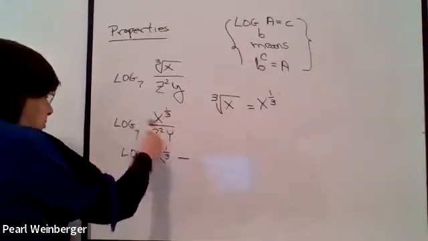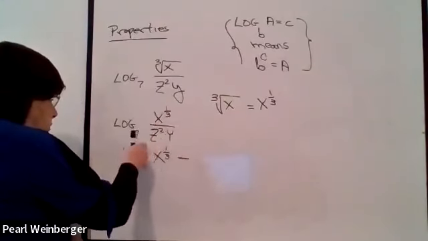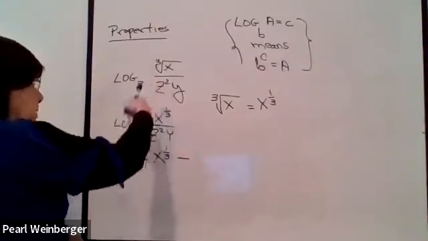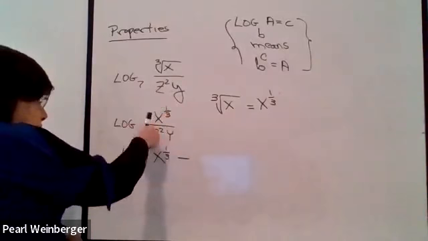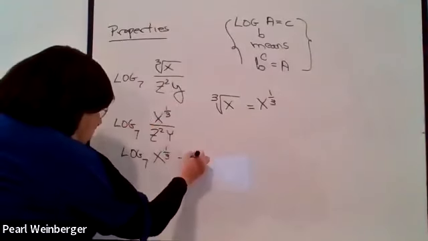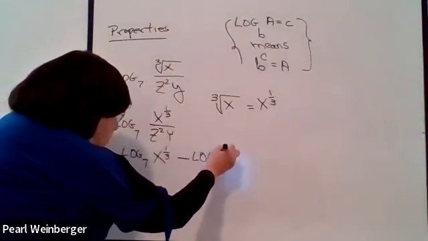They're both in the denominator, so they both don't do this plus this. Even though I'm multiplying these two together, what I'm actually doing is I'm dividing the whole expression by z squared. So it's minus log base 7 of z squared.